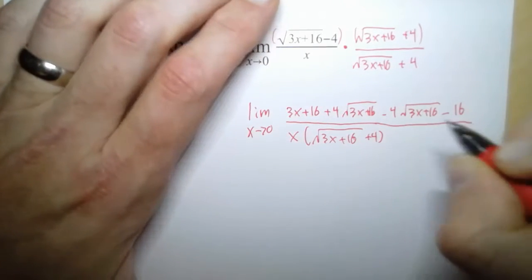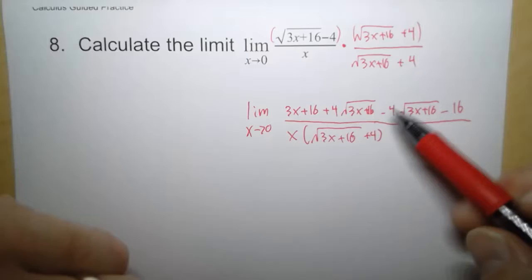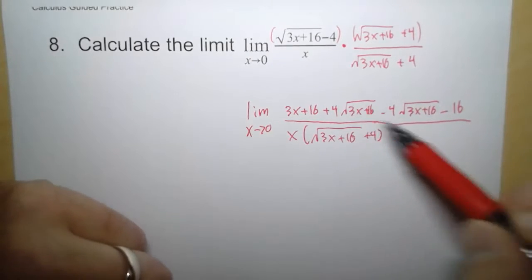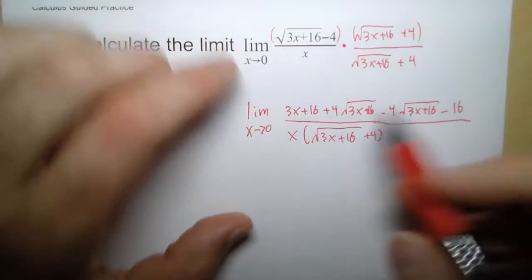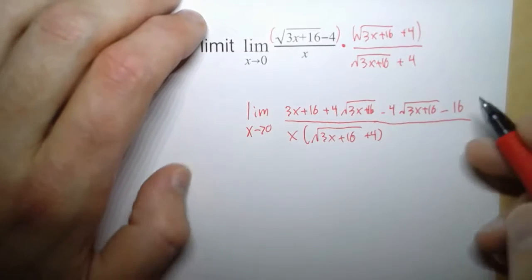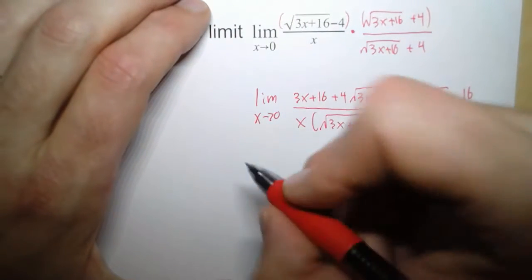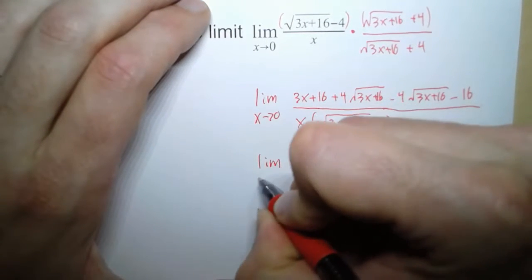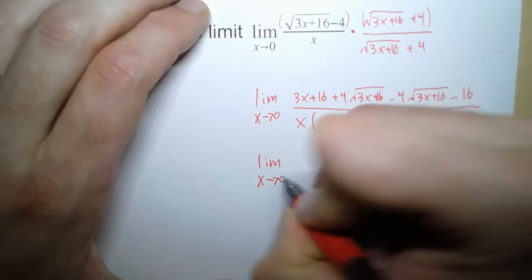So we have quite a large numerator, but what ends up happening is this term and this term are opposites, so they cancel, as well as the 16 and the negative 16. They're also opposites.